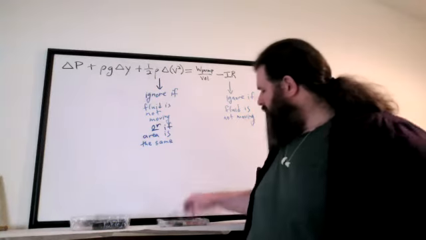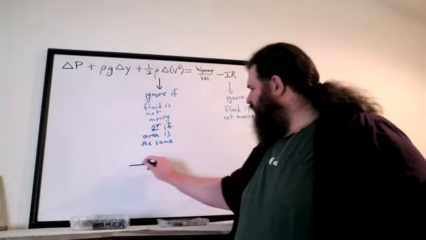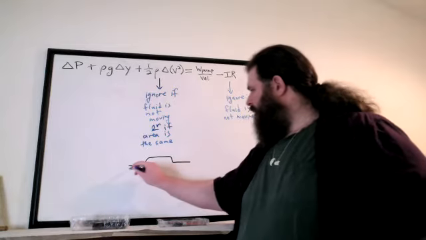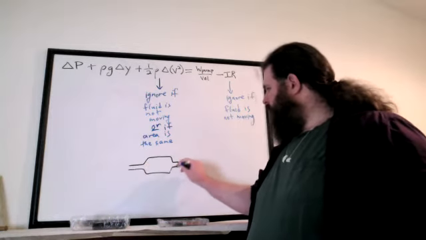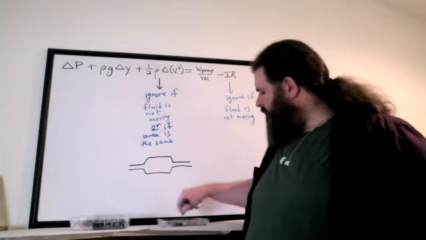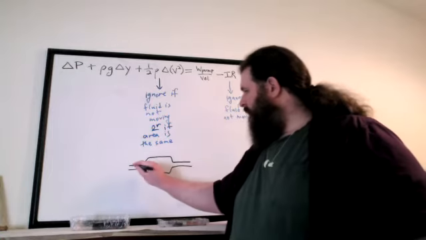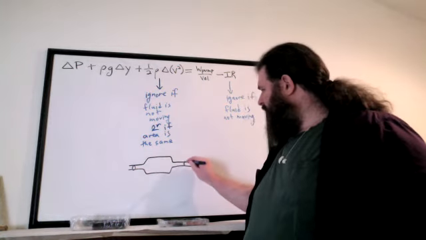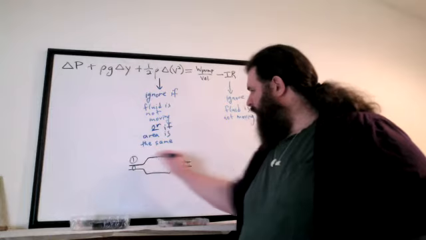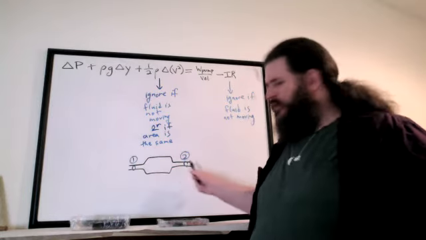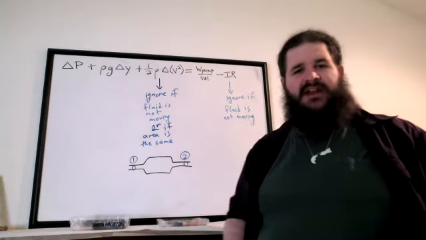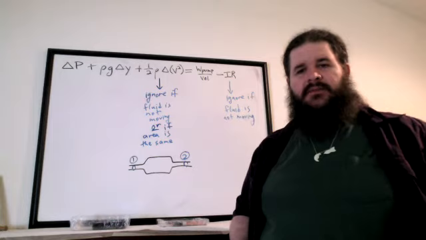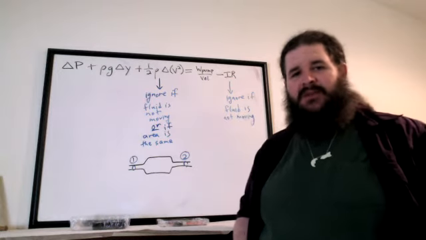If you've got 2 points in a pipe, even if there's some changes in between, as long as the area at the beginning and the area at the end, let's say we call this point 1 and point 2, as long as these 2 locations have the same cross-sectional area, then the fluid inside has to be moving at the same speed.